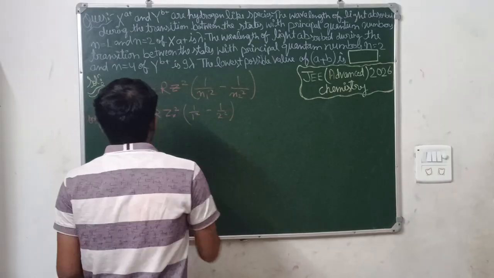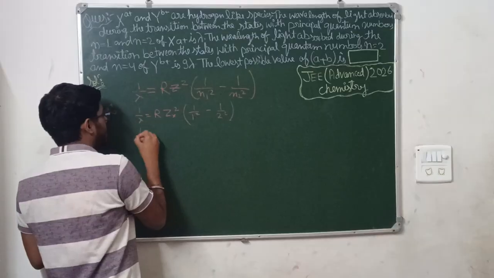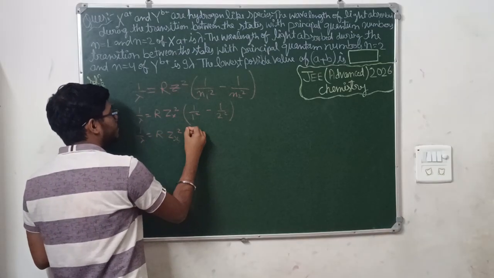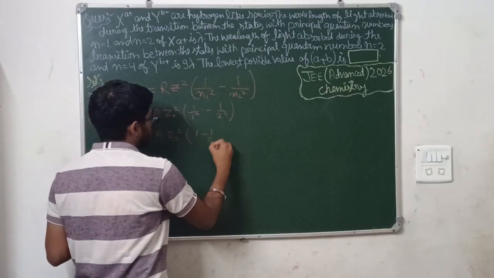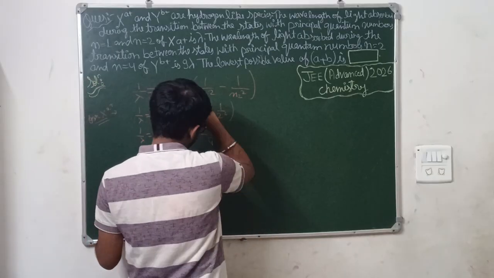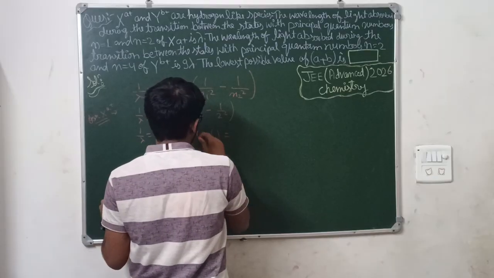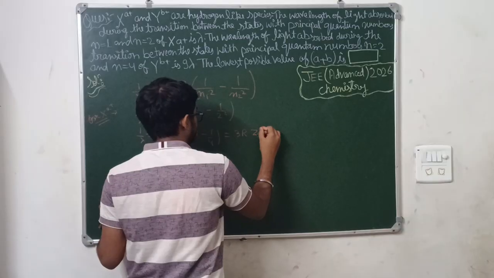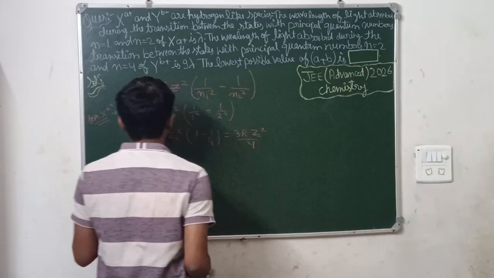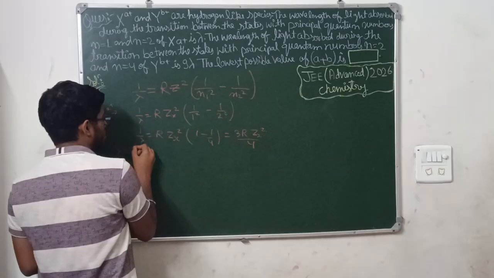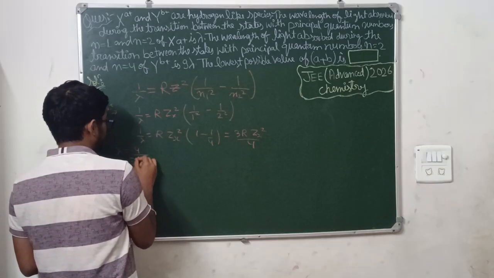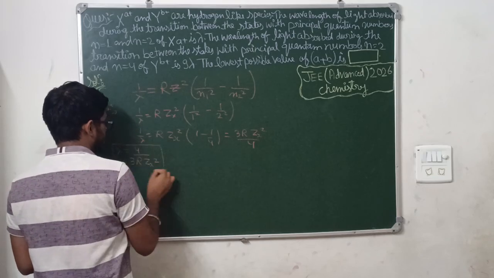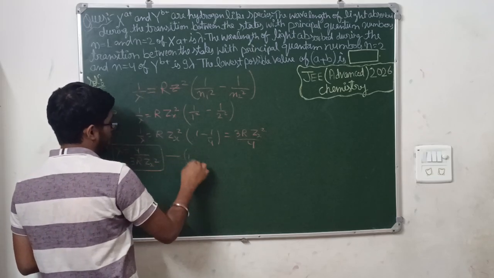Simplifying, 1 by lambda is R Zx square into (1 minus 1 by 4), which is 3 by 4. So 3 R Zx square by 4, and lambda comes out to be 4 upon 3 R Zx whole square. This is equation number 1 for X.